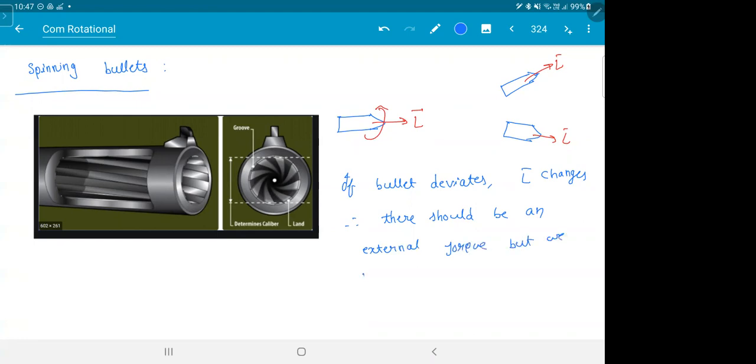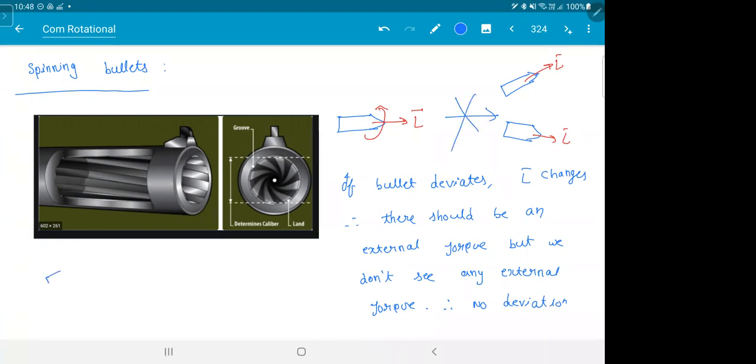But we don't see any external torque. If you're taking torque about the center of mass, mg's torque won't matter. The air resistance will apply a little torque, but it is not much. So therefore, there is no deviation, or very little deviation. So if you have a bullet which is spinning, it goes like a proper parabola.